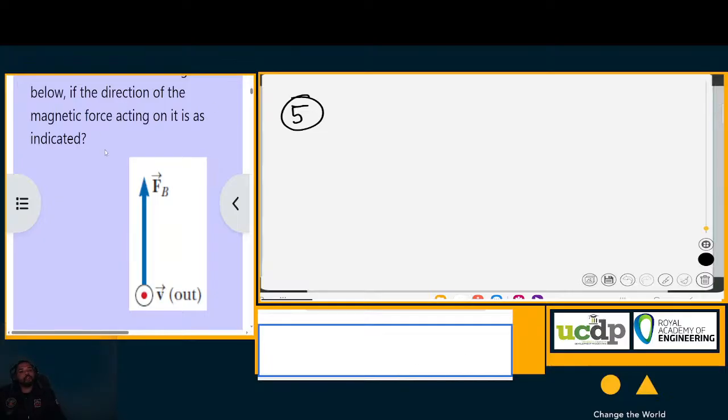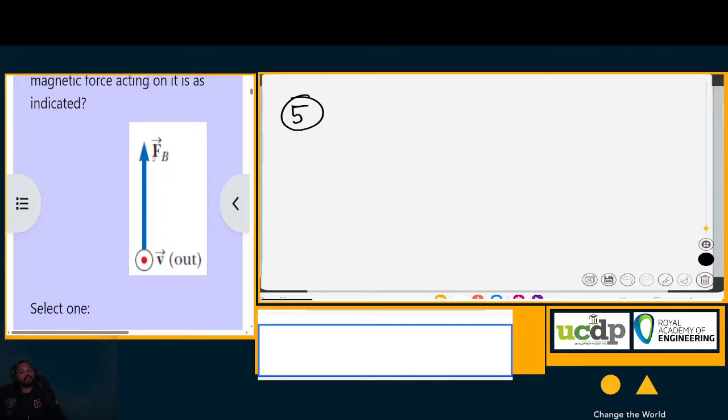If the direction of the magnetic force acting on it as indicated. So we have that the magnetic force is pointing upwards and its velocity is out of the page. We can then use the right hand rule to determine in which direction the magnetic field is.